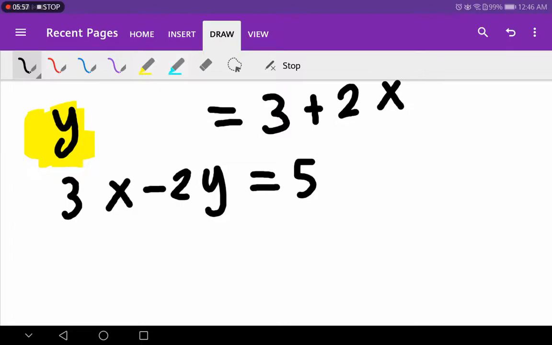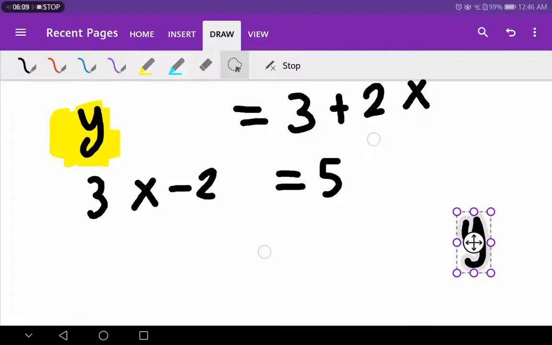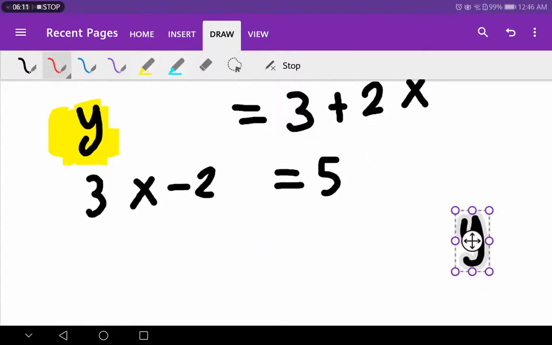So I replace the y here. I remove the y here and write 3 plus 2x instead of it, but don't forget the parentheses. So 3 plus 2x, and let me rewrite it again here like this. I will do it again in slow motion, my dear student.